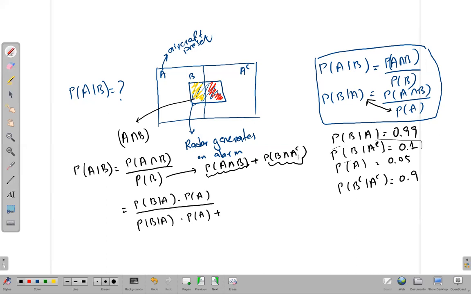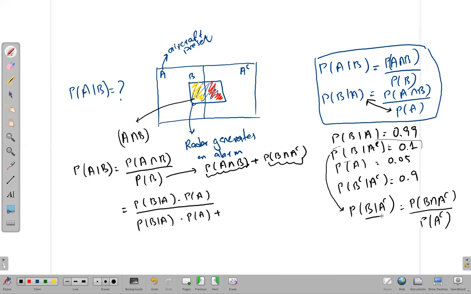I can rewrite which one is useful for me. Let's say, I think I'm given this information, so I can use this one. Probability of B given A complement can be written as probability of B intersect A complement divided by P(A complement), right?